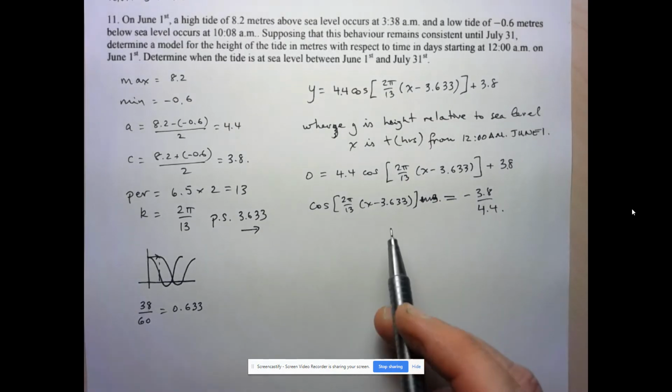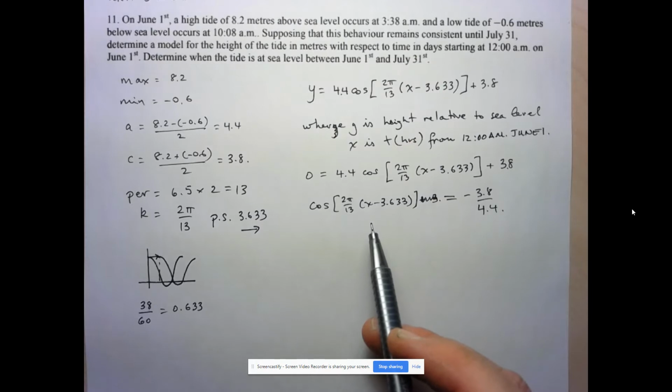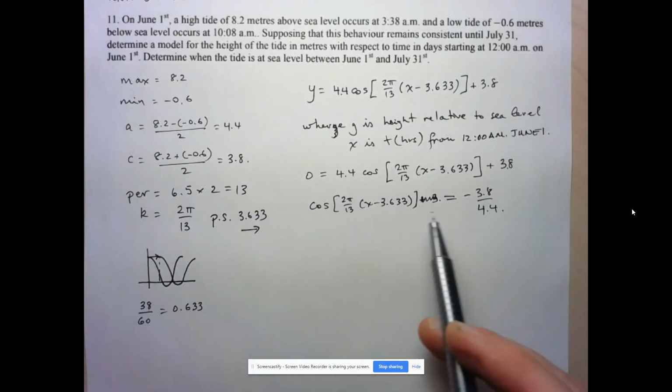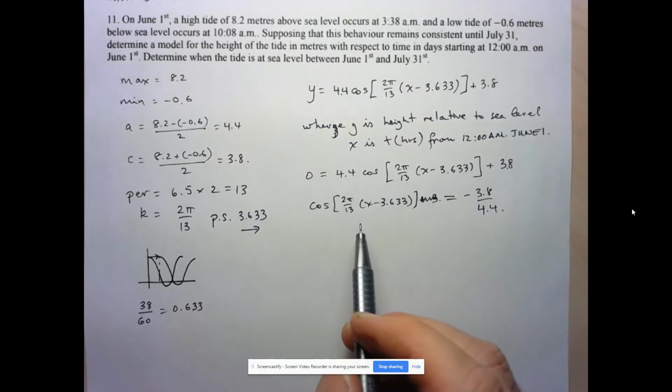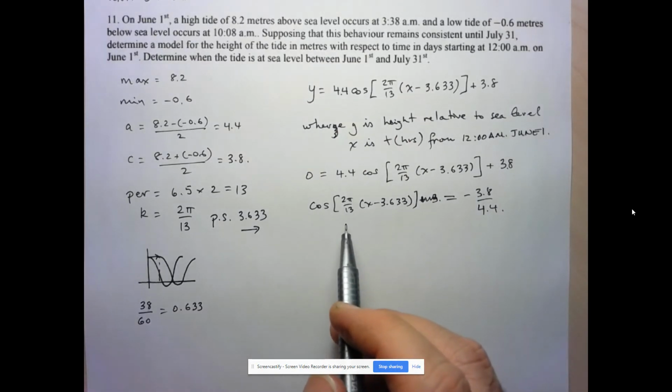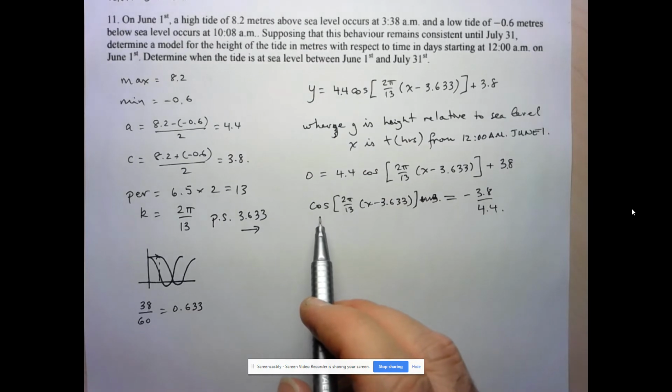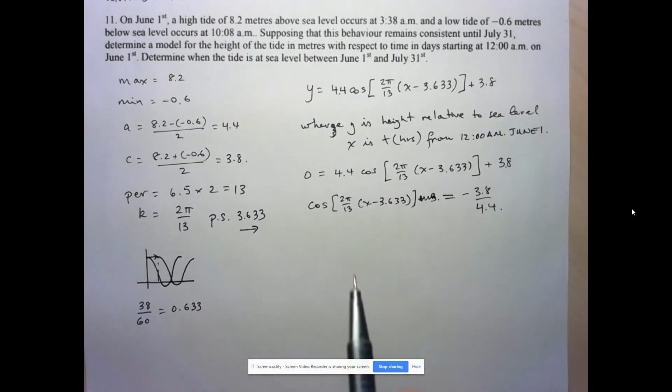All right, so now that we have step 1 of our algorithm completed, in other words, a single trigonometric expression equal to a number, I now find my 2 basic answers. One of those will come from inverse cosine, and the other one will come from my related angle identity.